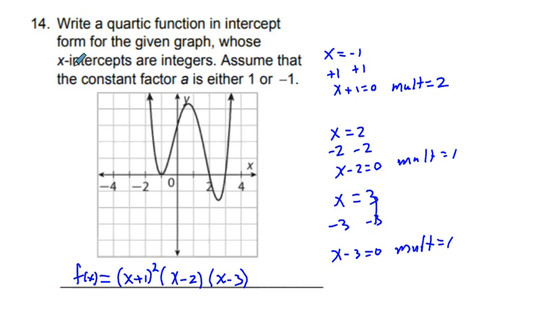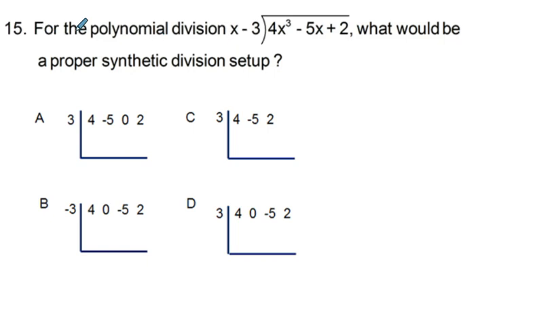Now, the last problems we're going to have here are these synthetic division problems. For polynomial division, x minus 3 into 4x cubed minus 5x plus 2, we have 4x cubed plus 0x squared minus 5x plus 2, and our zero is equal to 3.